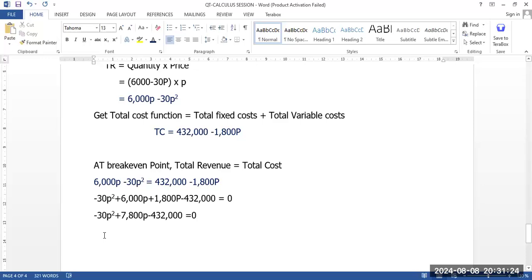Are all figures divisible by 30? Yes. So we can divide everything by negative 30. You'll be left with p squared, then plus, if you divide this figure by 30, what do you get?